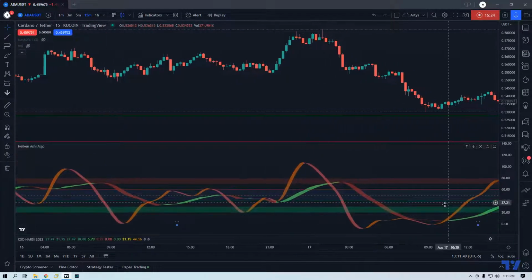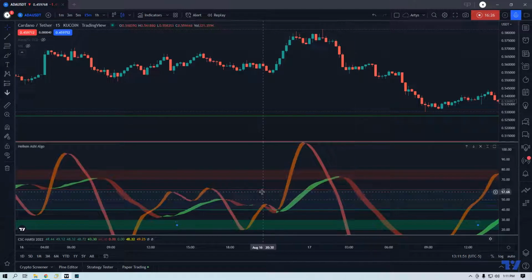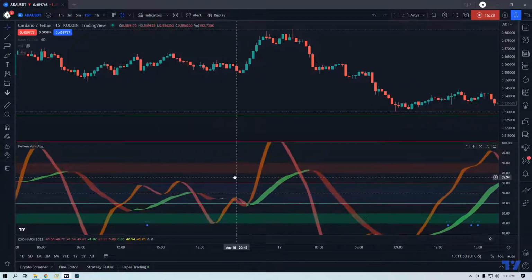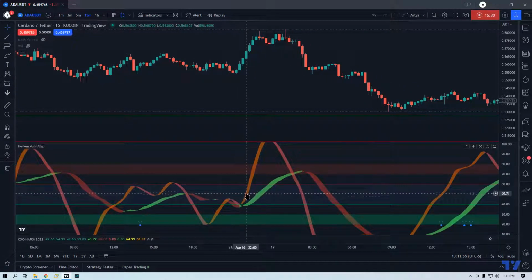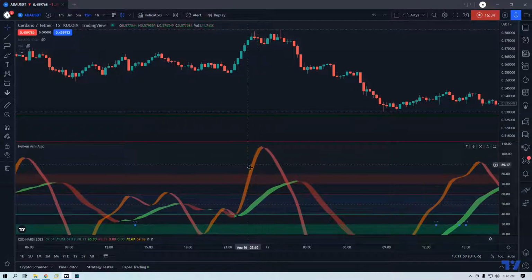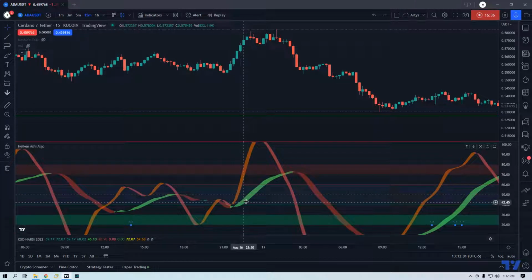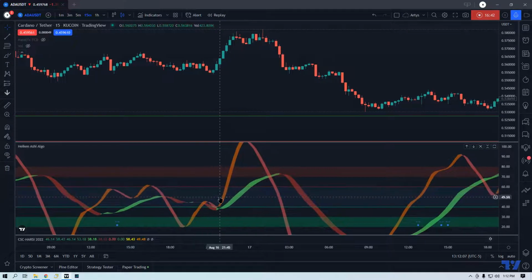Now, you can see that everything is above the 50 level, right? You see my stochastic breaks the 50 level and starts moving up into this high pressure area. At the same time, the regular stochastic is green, but it's not green until here. So that's basically saying you have a lot of pressure and you're gaining more pressure to the upside right here.